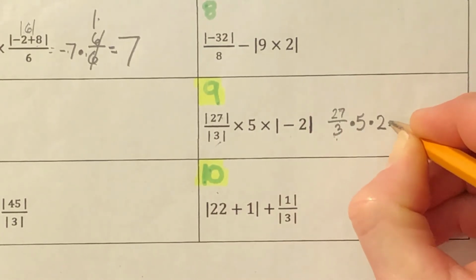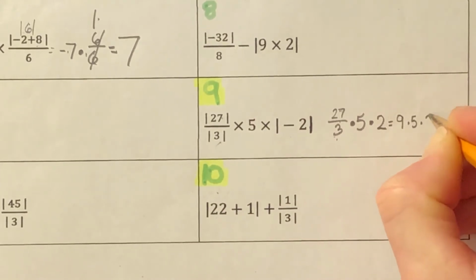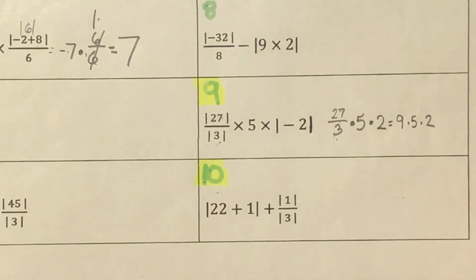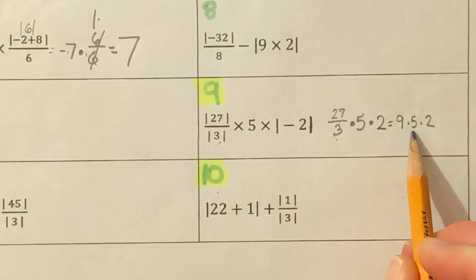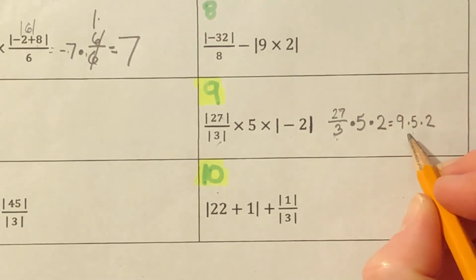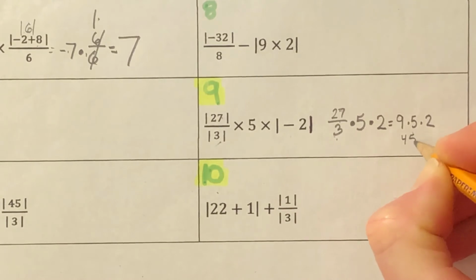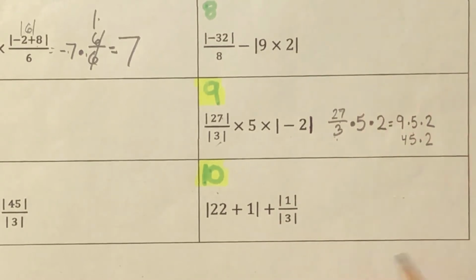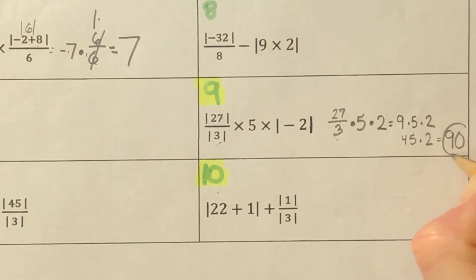So basically this is 9 times 5 times 2. 9 times 5 is 45. I'm just going to write it. 45 times 2 equals 90. Just like that.